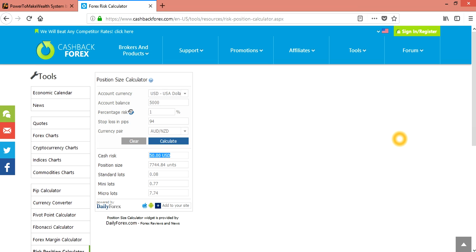But it tells me what size I need to trade in order to keep my risk at 1%, with a 94 pip stop loss, and my risk is only $50. Can you stomach losing $50 from $5,000? Right? If you can't, you lower your risk. You can put it at 0.5%, and it will recalculate what you need to trade.